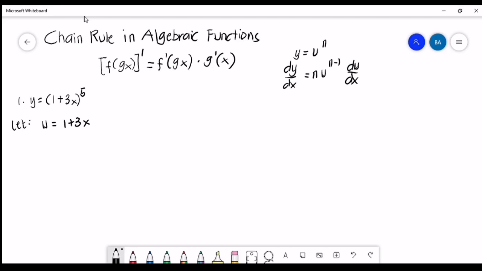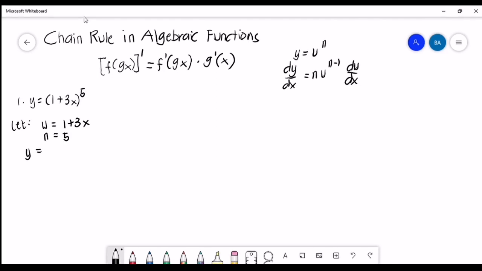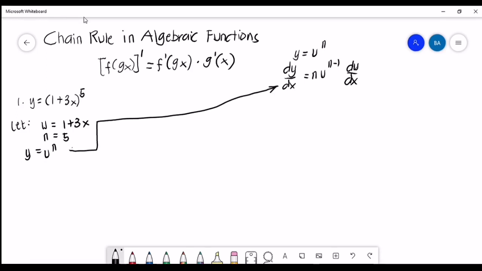Okay, which means that our given equation will become y is equal to u raised to n, where our n is equal to 5. So they are just the same.